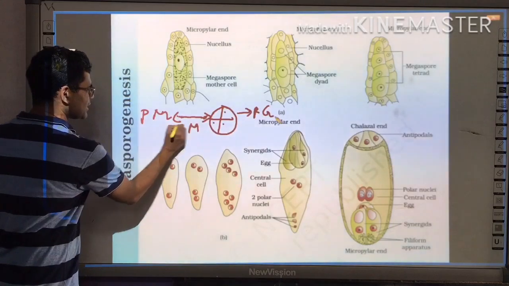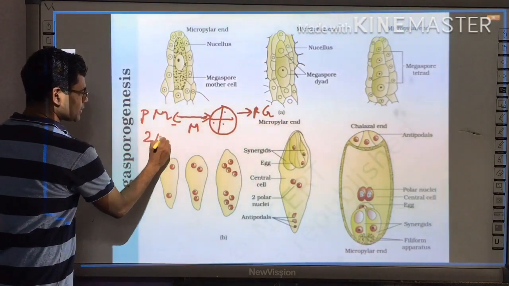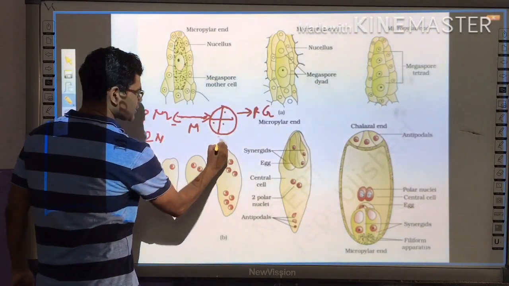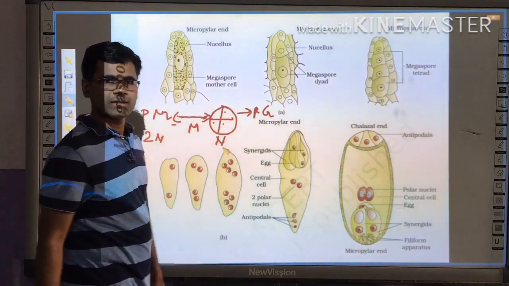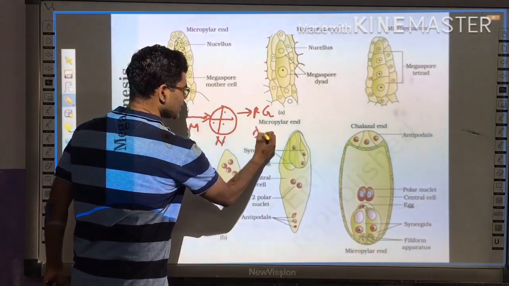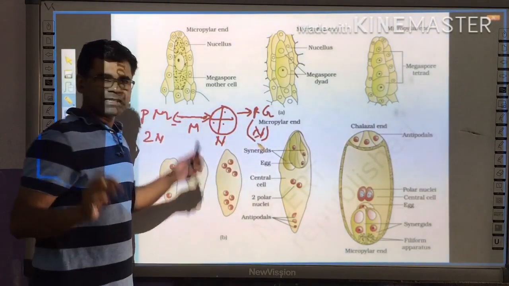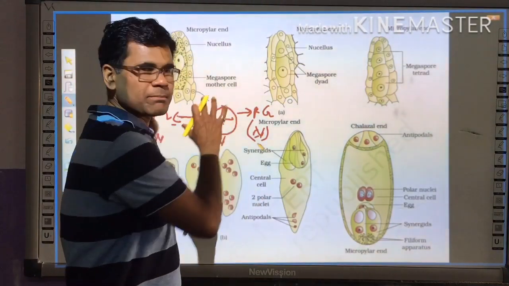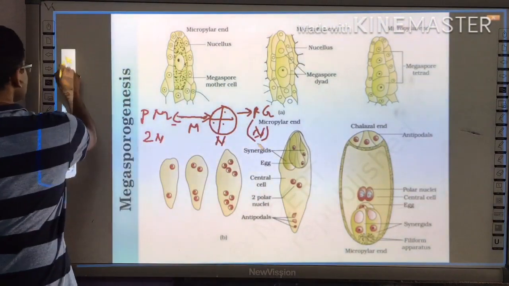So the pollen mother cell was diploid, microspores are haploid, and pollen grains are again haploid. This we have studied in microsporogenesis. The same way is megasporogenesis.